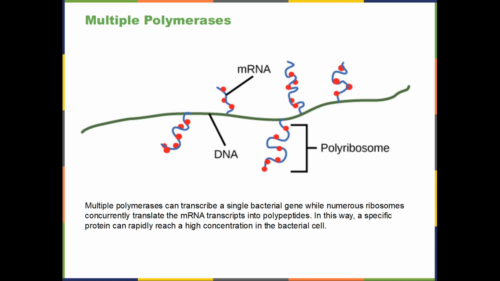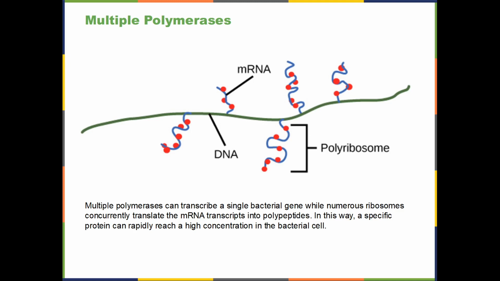All right, so in prokaryotes, the process we just looked at doesn't have to happen one at a time. Multiple polymerases can be transcribing a particular gene into mRNA at the same time.